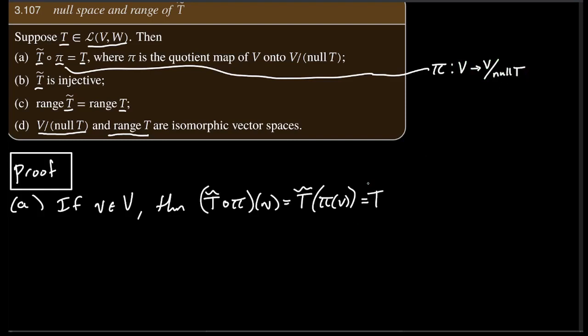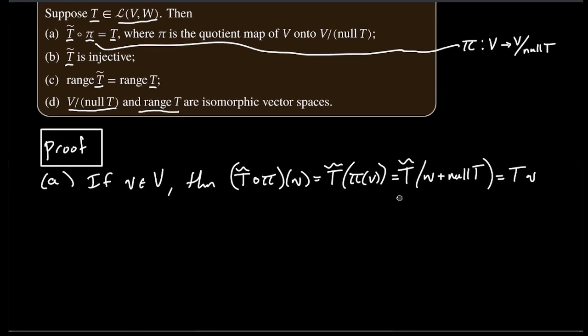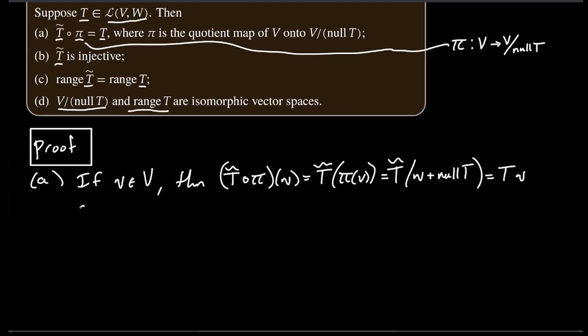So this is T tilde of V plus null T, that is the translate of null T by V. But T tilde of this is just TV. Hey. So, since this works for any old V, T tilde composed with pi is equal to T. They agree at every single V, which is everything in their domain. They're the same map. Sweet.